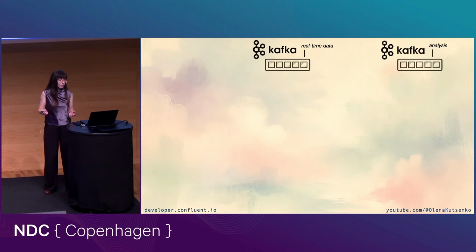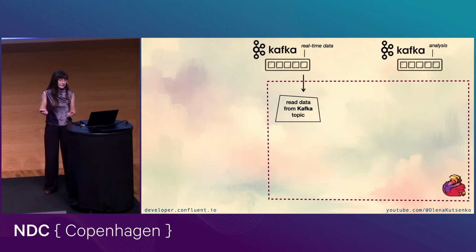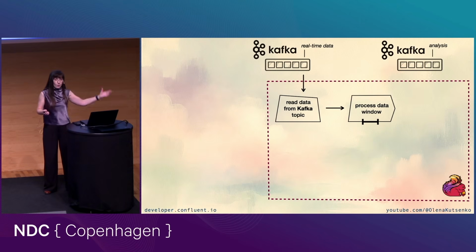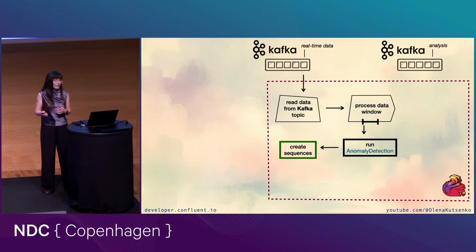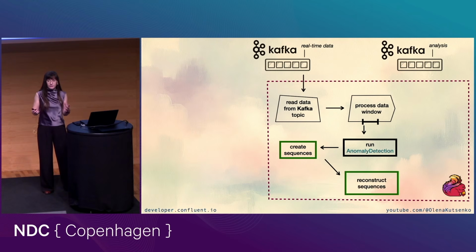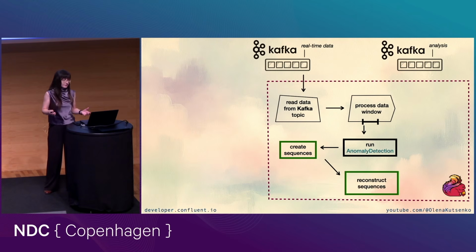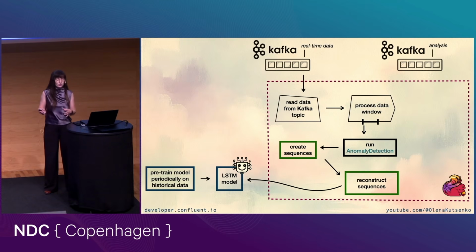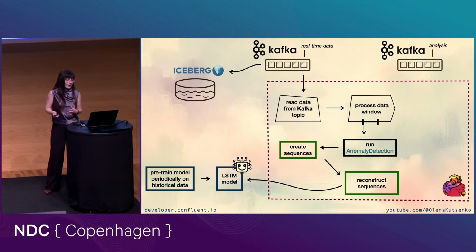Here, for example, we can take, again, the data and read it from our real-time stream, process data by windows, and then run anomaly detection, create the sequence, and reconstruct the sequence using the LSTM model. Again, we try to forecast into the future.